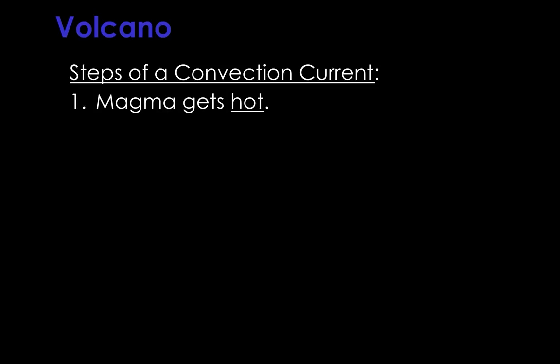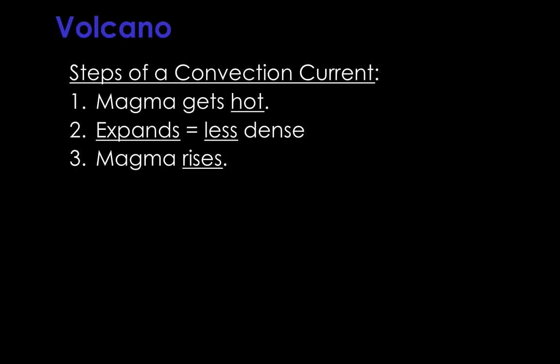And so if it's not already really liquidy, it's going to get really liquidy when it's down there. And as a result, when something heats up, it adds energy to the particles and causes it to expand. And when it expands and those particles are further apart, they become less dense. So something that is less dense than everything else around it is going to start to rise to the top. So the magma is going to rise.